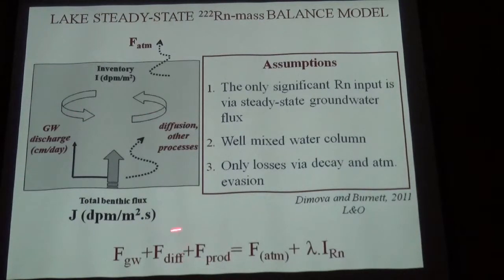So we can evaluate all these sources, diffusion and production. We can even calculate the loss because we know the temperature dependence of solubility. We know the decay constant, so we can calculate this parameter too. And the only unknown remaining in this equation would be the flux coming from groundwater. And the rate of this delivery will tell us about the rate of groundwater inputs. Make sense?